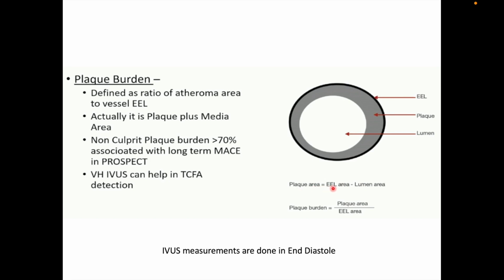Plaque area is equal to external elastic lamina area minus the lumen area, and the plaque burden is equal to this plaque area divided by the external elastic lamina area. Actually, this plaque burden is the plaque plus media, and in the PROSPECT trial, in the non-culprit vessels, this plaque burden, if it was more than 70%, it was associated with long-term MACE.